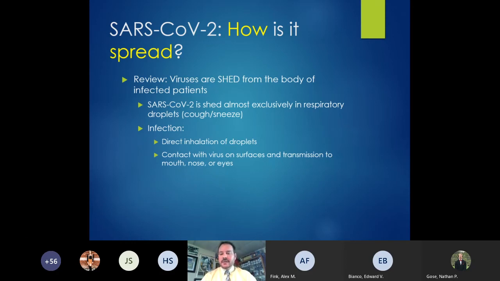So very likely the more common way, although there's no real data on this, that you get infected is that somebody coughs into their hand and then touches a surface. Then you come along and touch that same surface, and then you touch your mouth or your nose or your eyes, and that transmits the virus into you, and then the virus binds to the host cell receptor, and the infection begins.